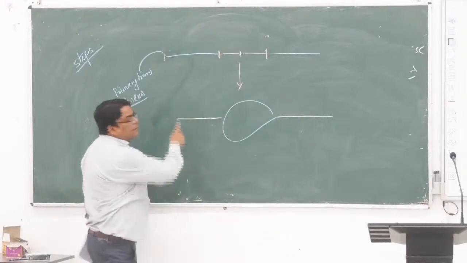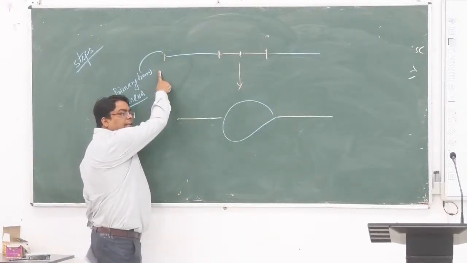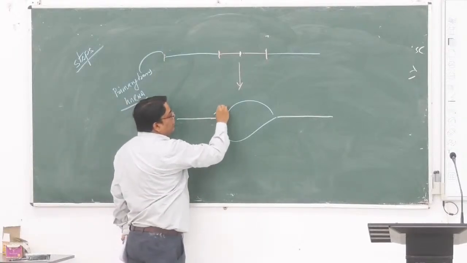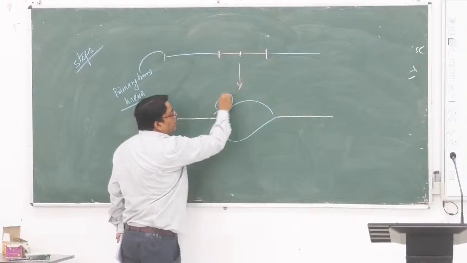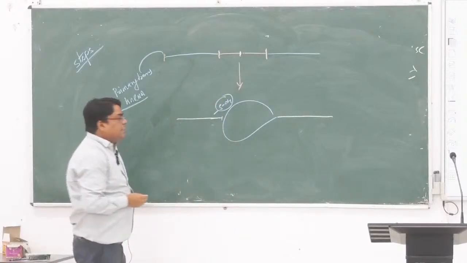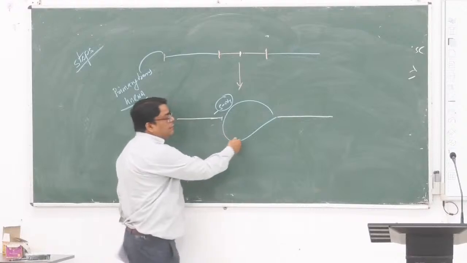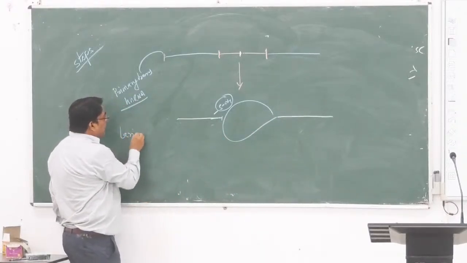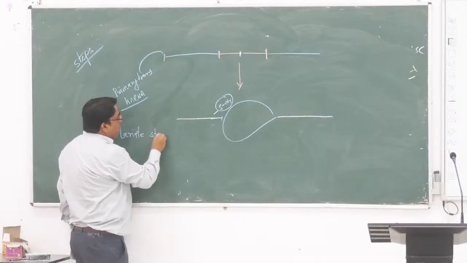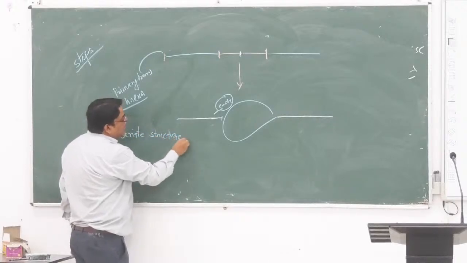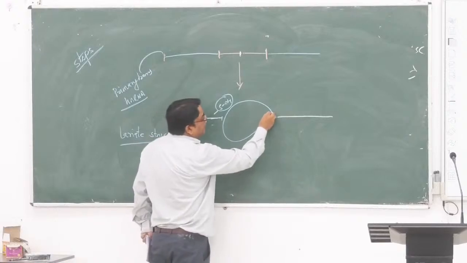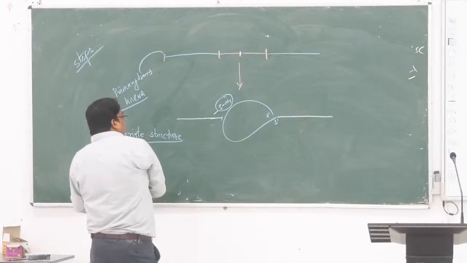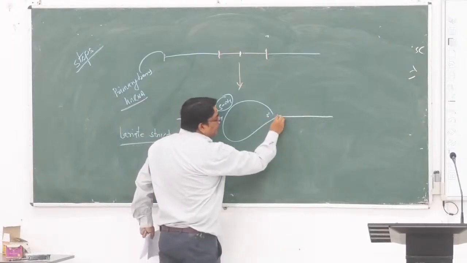So the first point is recognition. The second point is cutting at the particular 5' OH group. The third step is formation of lariat. This loop-like structure is called the lariat structure, which contains the 5' and 3' groups. And lastly, it also cuts from the 3' direction.